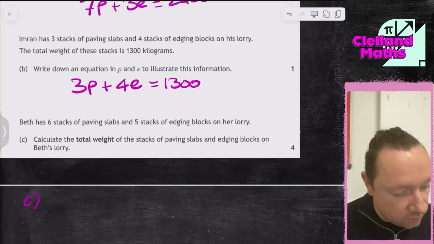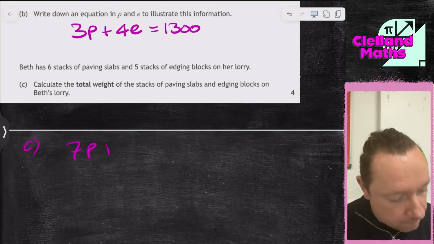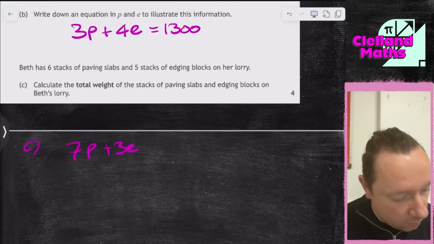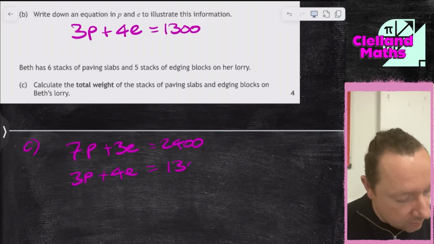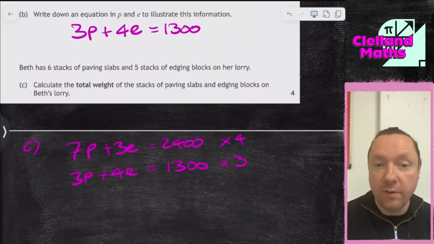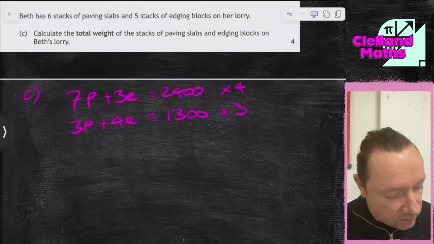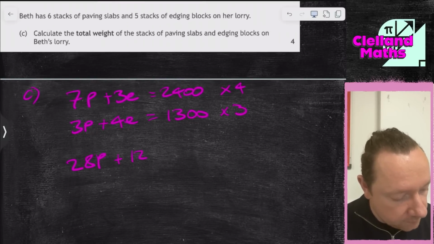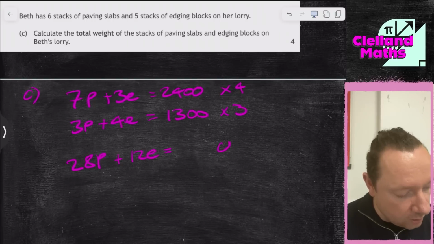So I've got 7P plus 3E is 2400. I've got 3P plus 4E is 1300. So I can times this one by 4 and that one by 3 to get 12 in the second position. 4 sevens is 28P, 4 threes is 12E, and 4 times 2400 is 9600.